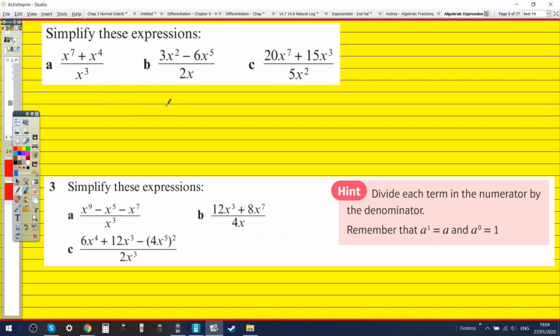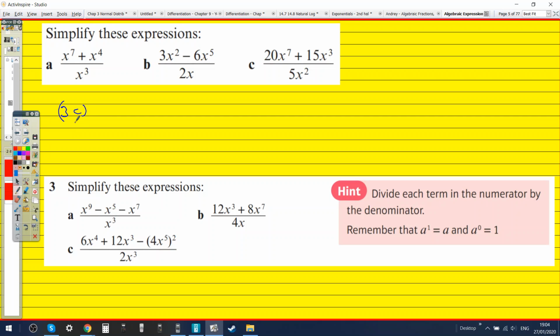How would you do C down the bottom? Is that 3c? Yeah. Will you just separate and do 6x to the power of 4 over 2x cubed, and then so on? And so what would you get then?